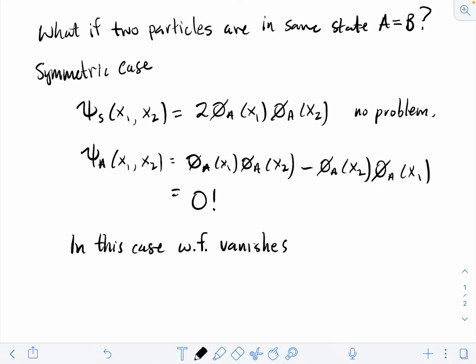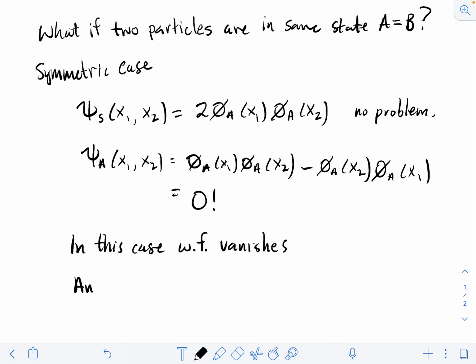And you know what the wave function does, if we take the absolute square, as we saw, it tells us the probability of finding our system in this configuration. And so if the wave function vanishes, there's zero probability of finding our two particles in the same state.